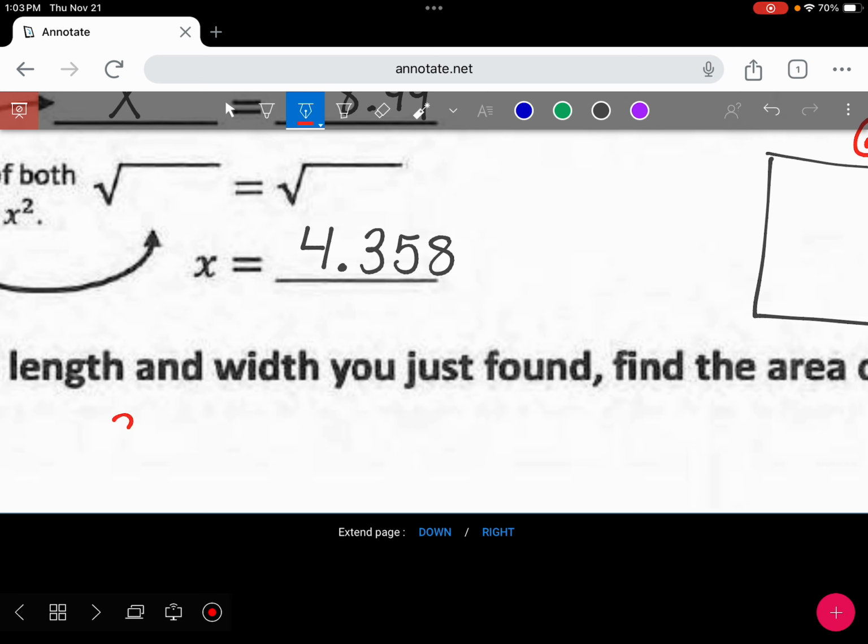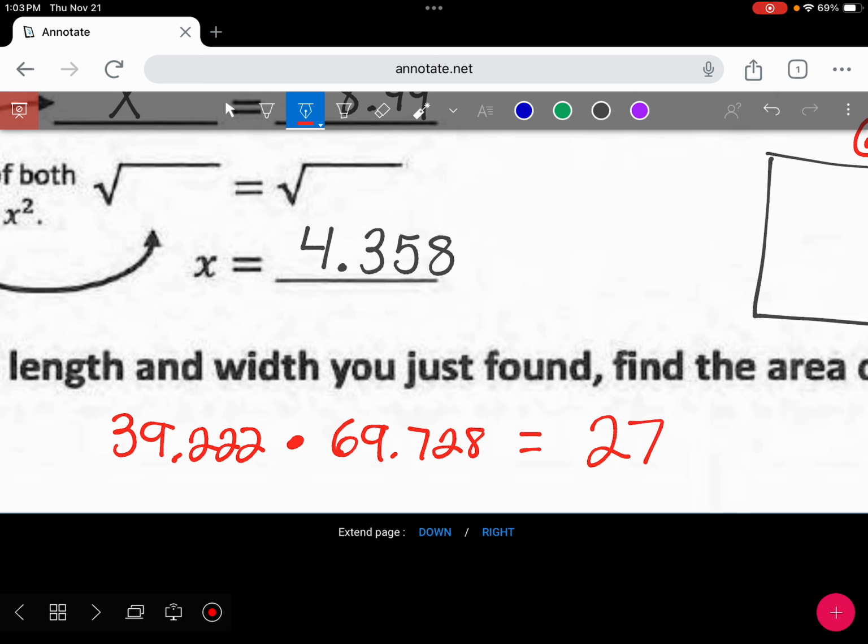So we take our 39.222 and we're going to times by our 69.728. What's our area? Say it louder. 2,734.872.